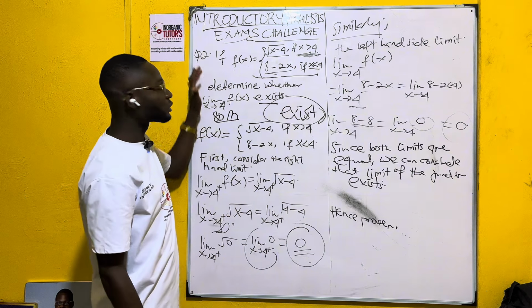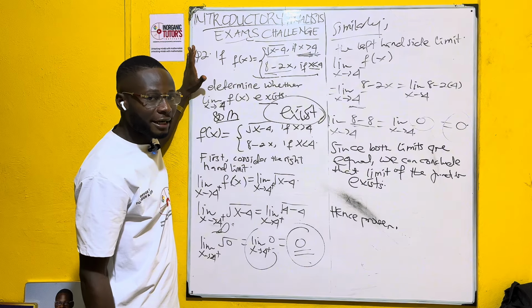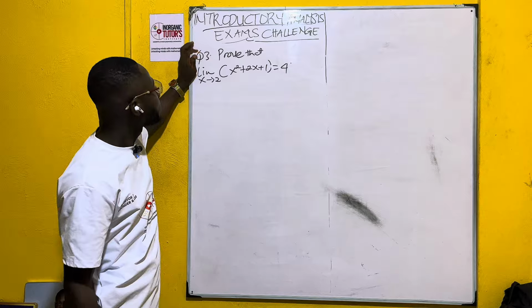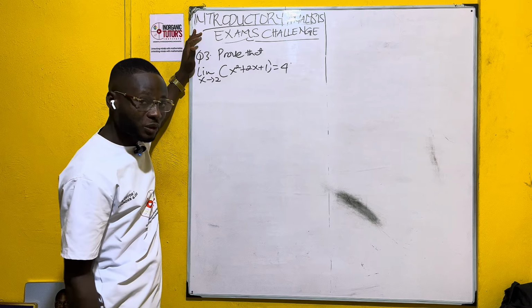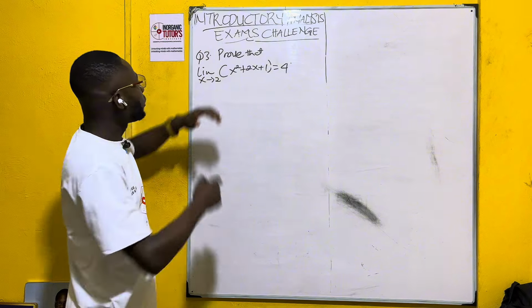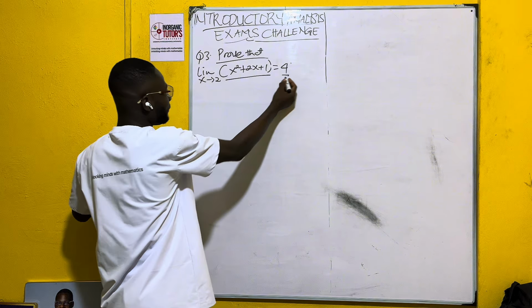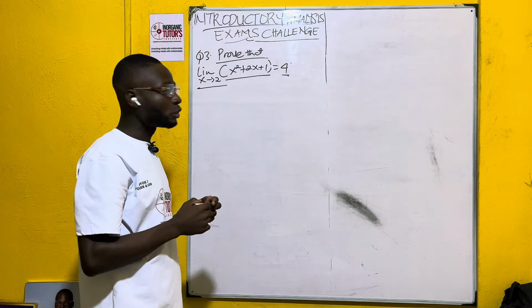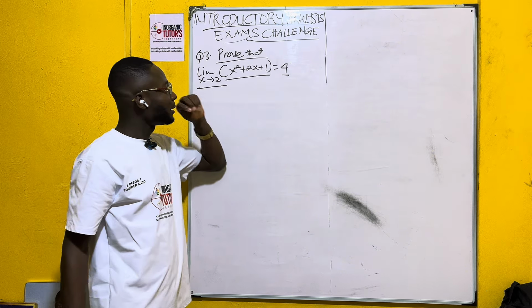Great. So this is question number 2. Let's move on to question number 3. With question number 3, we want to prove that the limit of this function is equal to 4 as x approaches 2. So this problem is just like question number 1, right?